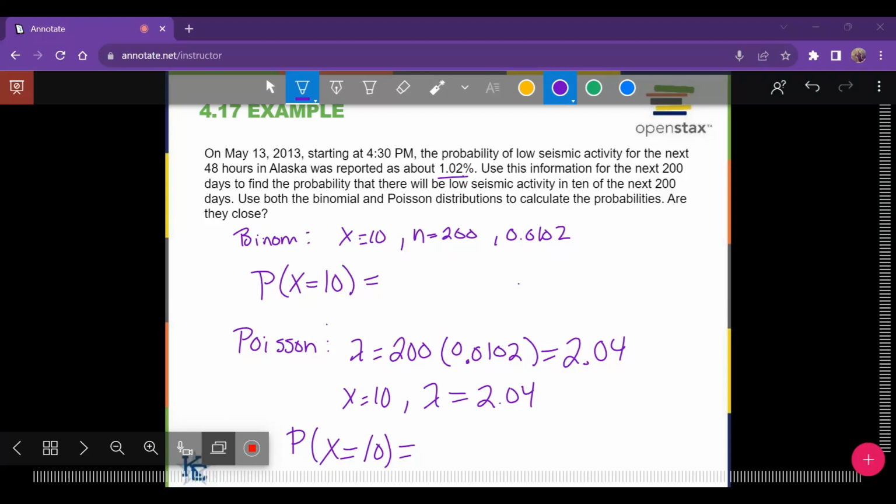And we get 4.472 times 10 to the negative 5. So if we wrote this in standard form, it would be 0.45. So I would say that those are relatively close, right? They're both very small numbers, so they are relatively close.